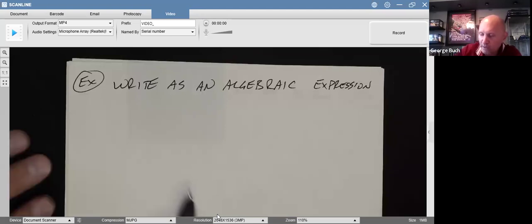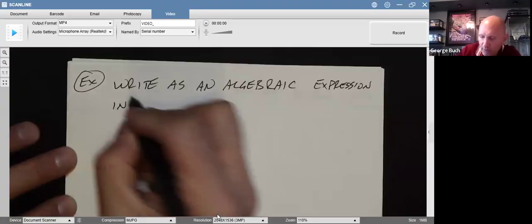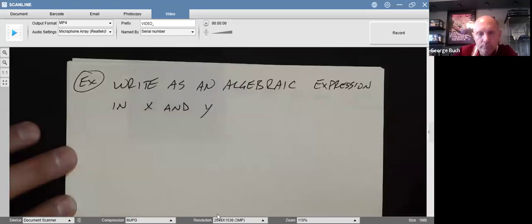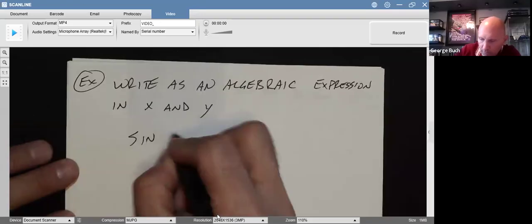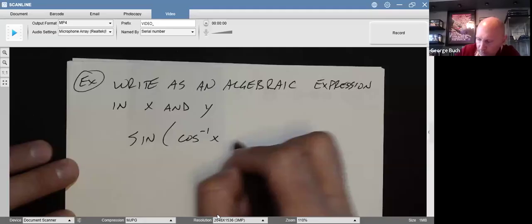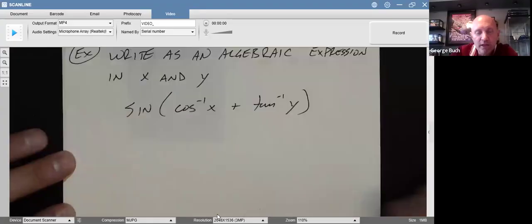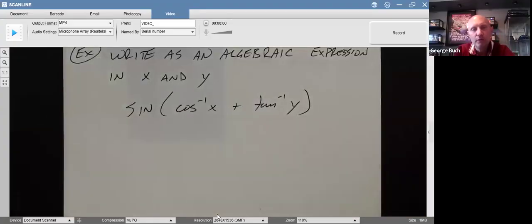So write as an algebraic expression, and because I'm having two triangles in X and Y, I have sine of cosine inverse of X plus tangent inverse of Y. So this means I want a final answer that only has X's and Y's and numbers. That's it. No trig functions, no inverses, nothing. Just X's and Y's and numbers.